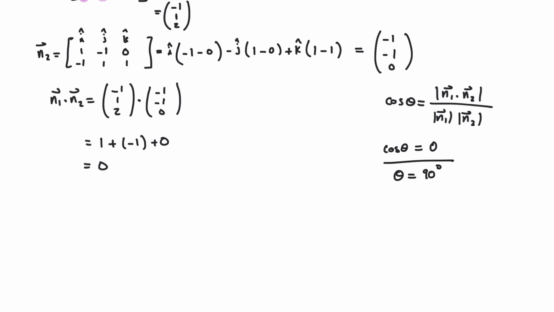That would mean that the two planes here are perpendicular to each other, and that would be our final solution. So we don't really need to find the magnitude of n1 and n2 and plug them into here, because we would just get a finite value, and when we divide 0 by any number, we would get 0.